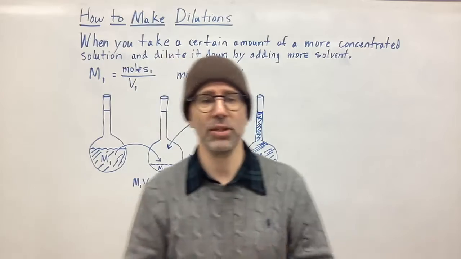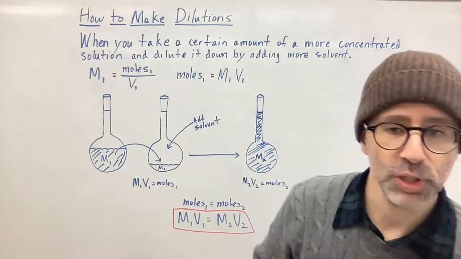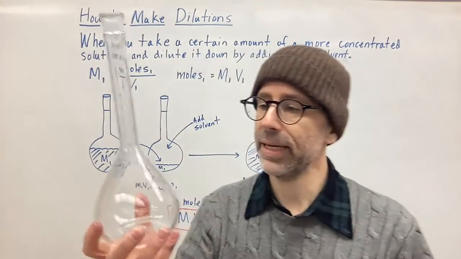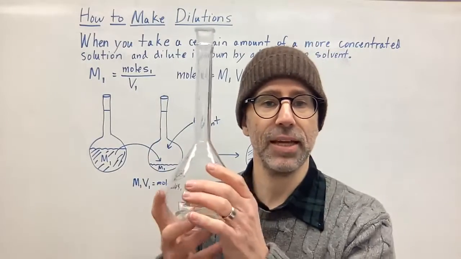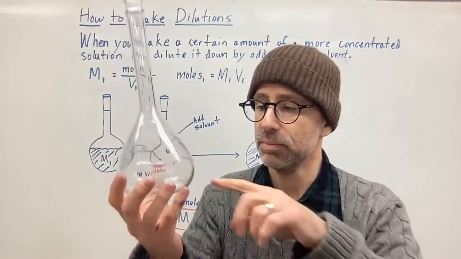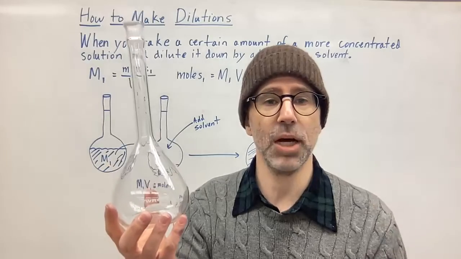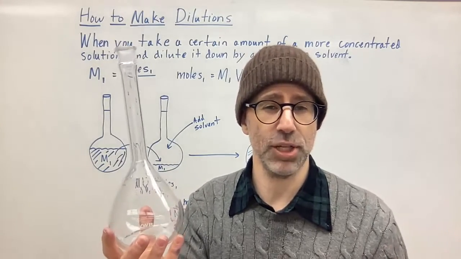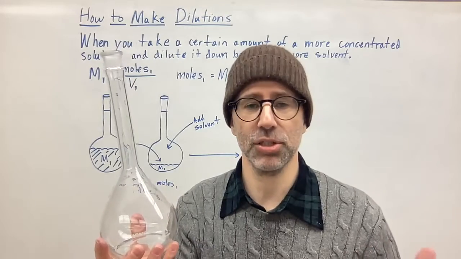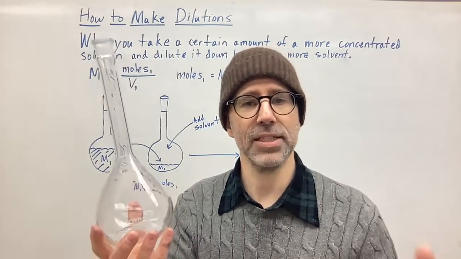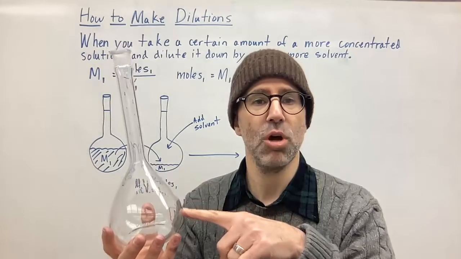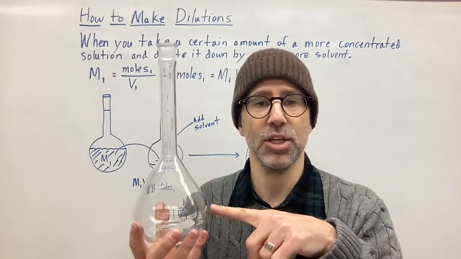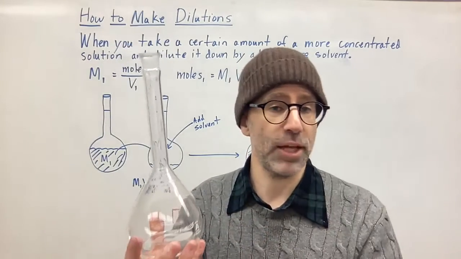Well, how do you do dilutions? Well, if you're diluting a liquid solution, you would take some of the solution, which is called a stock solution that you have. It's a higher concentration solution. And then you would take some of that and put it into the volumetric flask that you want for the volume that you are creating.